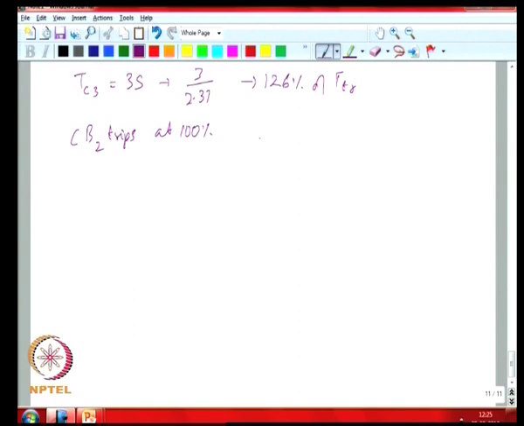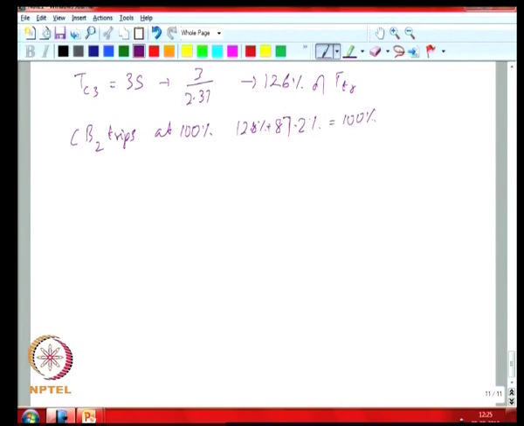If you look at it, you had 12.8% from your first reclose cycle. So, what remains in your second reclose cycle is actually 87.2%, which is 100%.